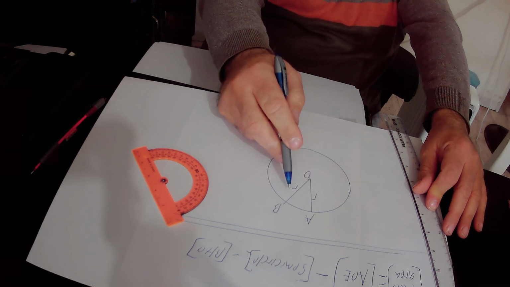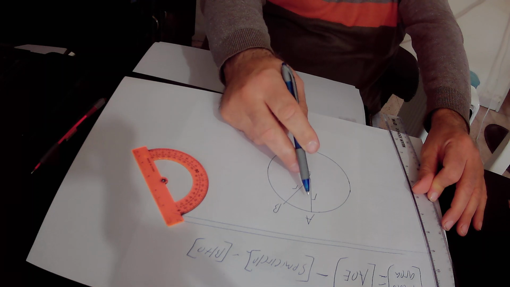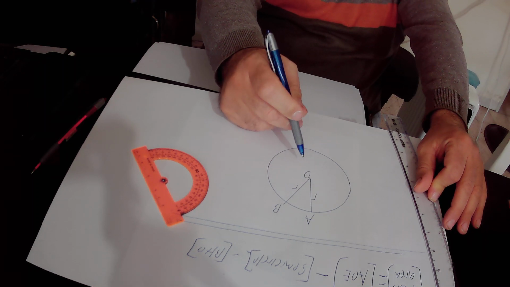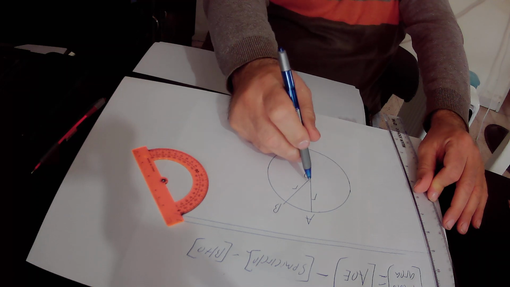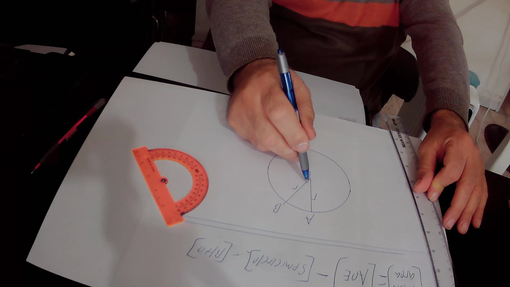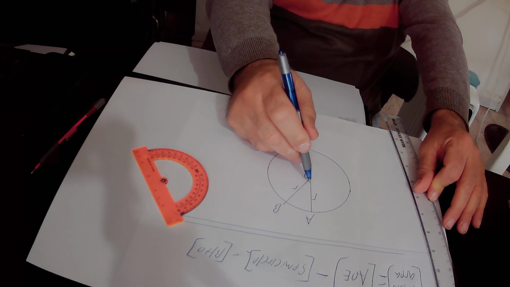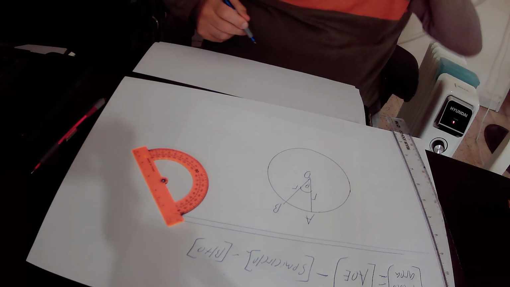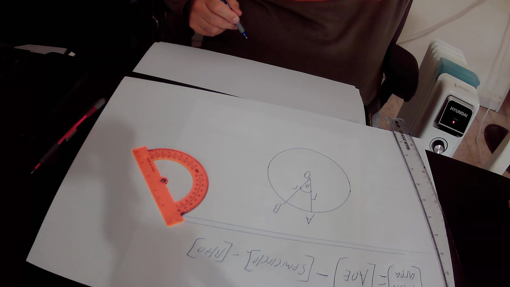Shape AOB is defined as a sector. We define the angle between the two radii as theta. A sector is like a slice of cake.